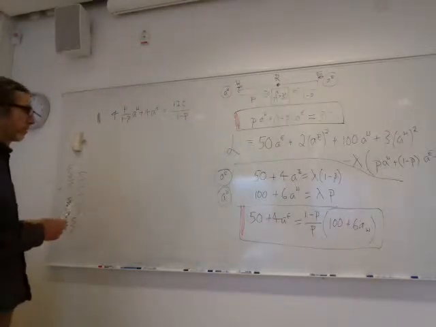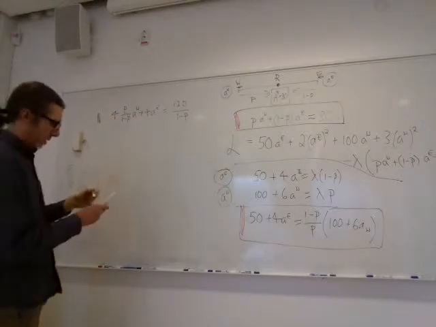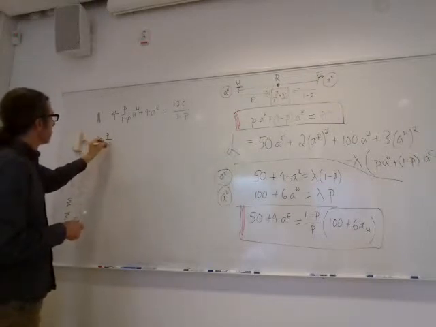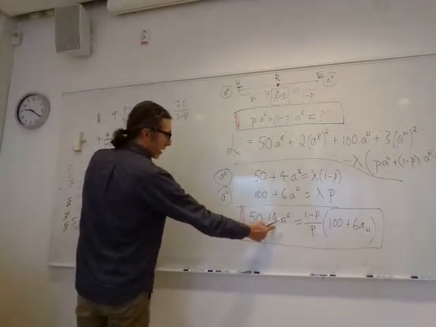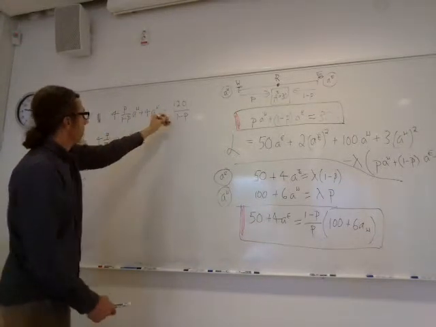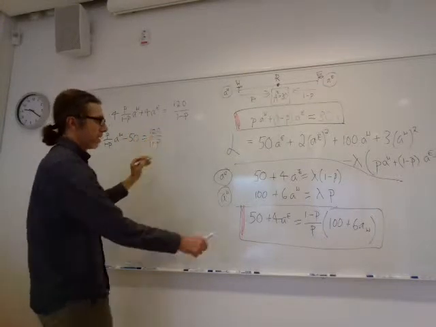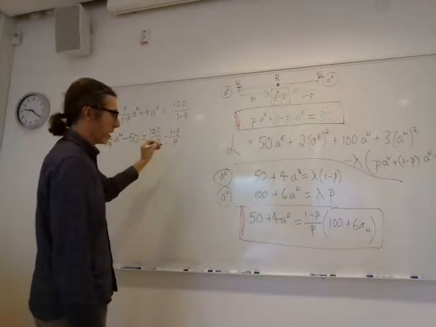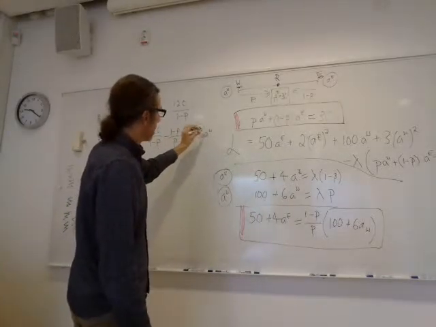Okay. So we start with this. We've got 4P over 1 minus P AW on the left hand side. Then we've got plus 4AE minus 4AE minus 50 is equal to this, 120 over 1 minus P minus this, 1 minus P over P times 100 plus 6 AW.